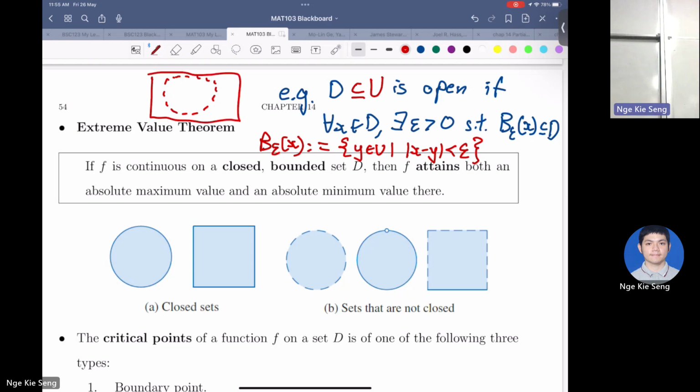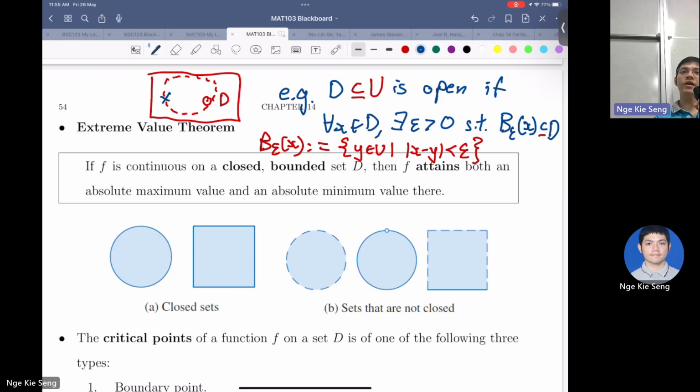Because for any point I take, I can take a small ball that is contained inside my D. It can be equal, that's fine. So I can find a ball around the point such that the ball lies inside D. Maybe you will ask, can I pick something on the boundary or not?